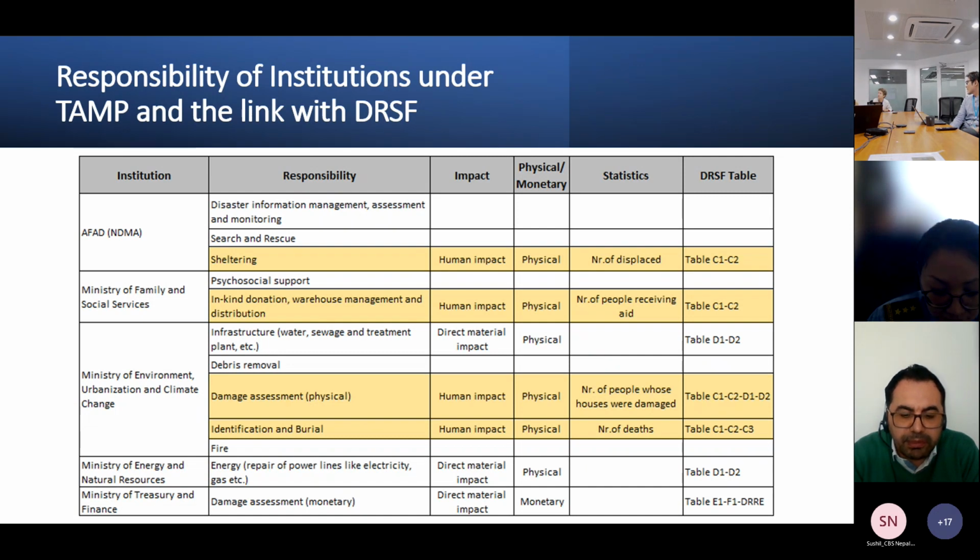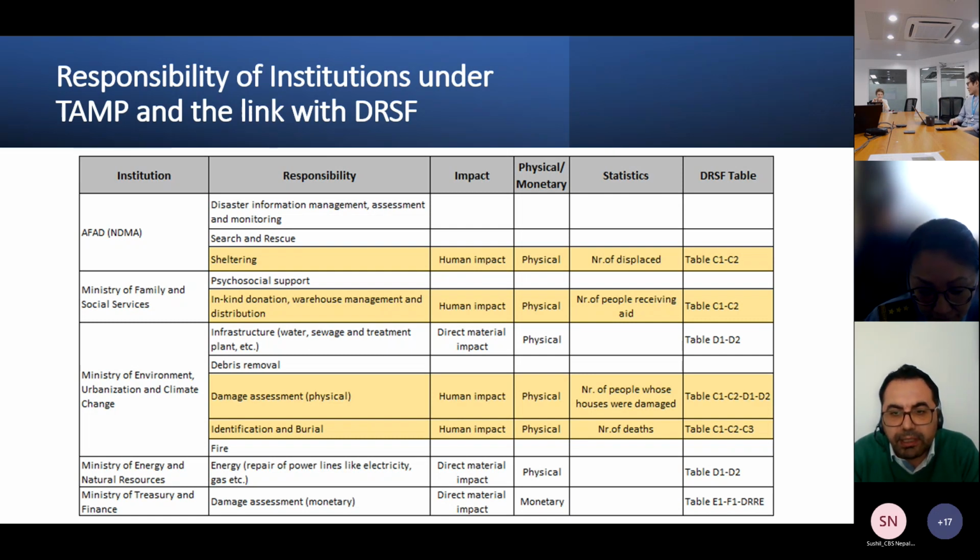The ministry promptly determines the approximate extent of preliminary damage to infrastructure, for example, water, sewage systems, treatment systems, and also damage to building stock in the disaster area, and also coordinates the damage assessment services.